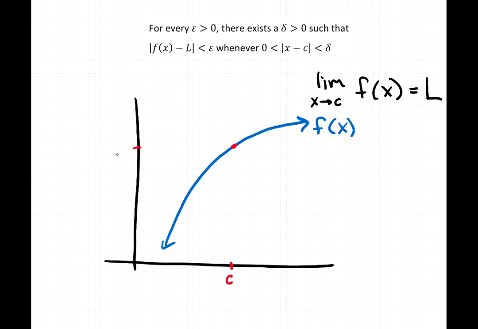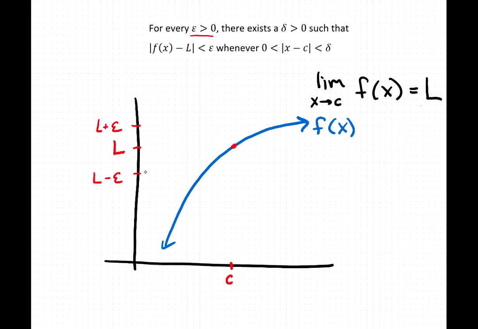So there's L. What this is saying is, for every epsilon greater than 0, f of x minus L absolute value, the distance between y values and L, is less than epsilon, or all y values within a distance of epsilon. So this would be L plus epsilon and L minus epsilon.